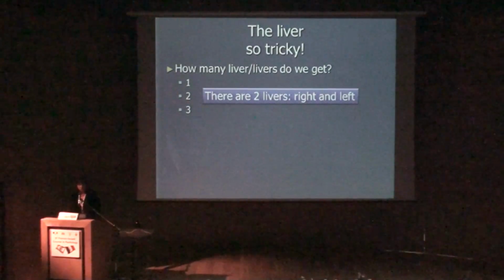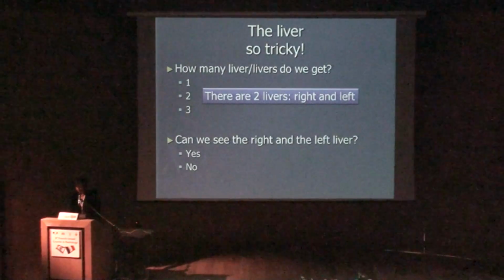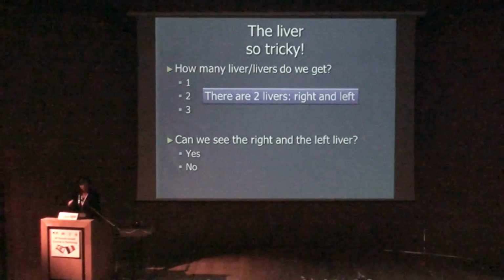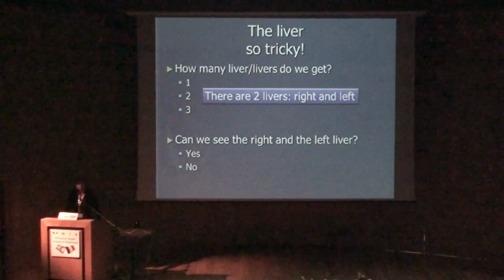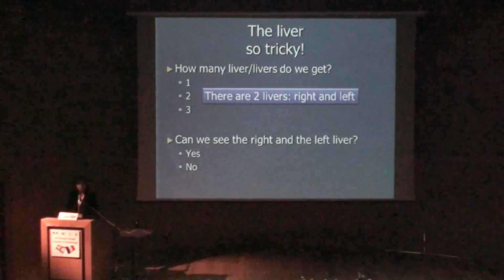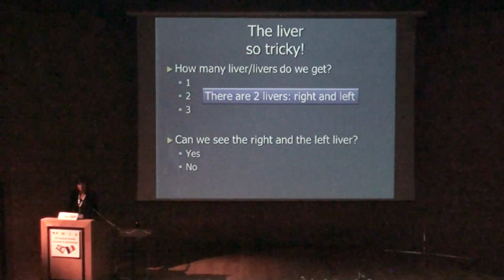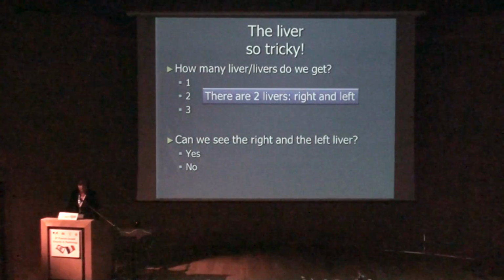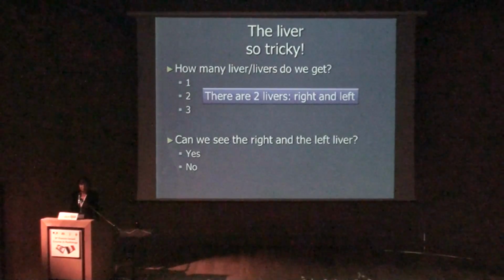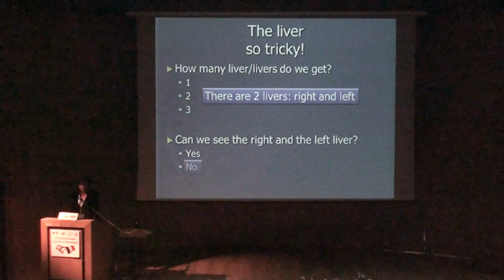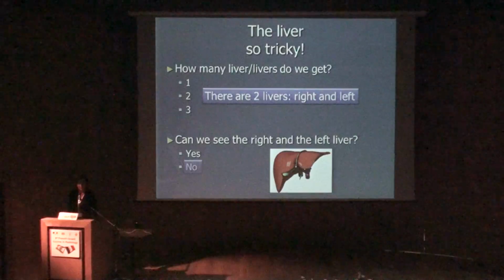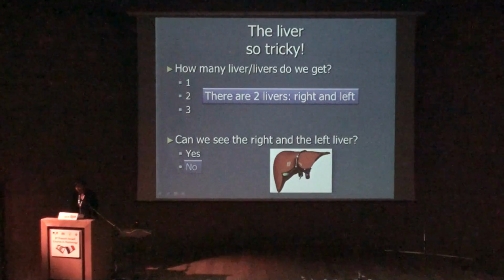Okay. And if we go a little bit in details, can we see the right and the left liver? If we look at the outside of the liver, can we see the boundaries, the landmarks? Yes or no? No, excellent, you are right. Because what we see is not the right and the left liver.